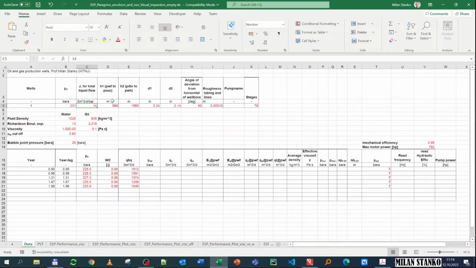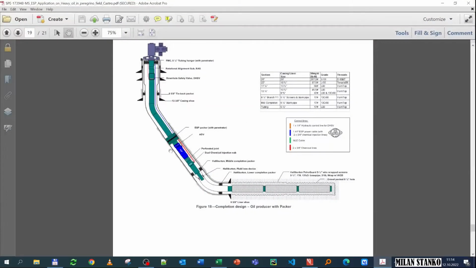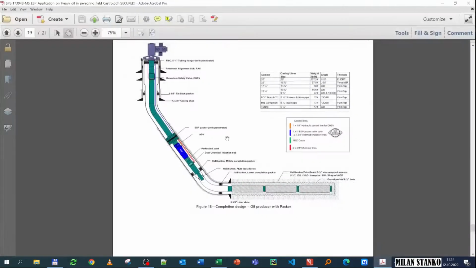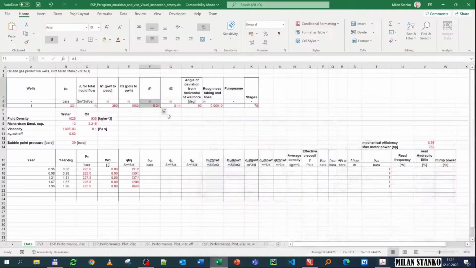Here we're assuming vertical well just to make our calculations simpler, but I could also have taken into account the change due to the deviation of the wellbore. So here you have the h and you have the diameter of that section, 0.24 meters, and then you have the h2, which goes from the discharge all the way to the wellhead, and that is this other h you have here, and you have the diameter of that section, which is 0.14 meters.